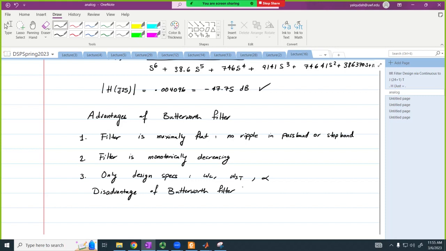However, the disadvantage of the Butterworth filter is that it's not efficient. The filter is not efficient.